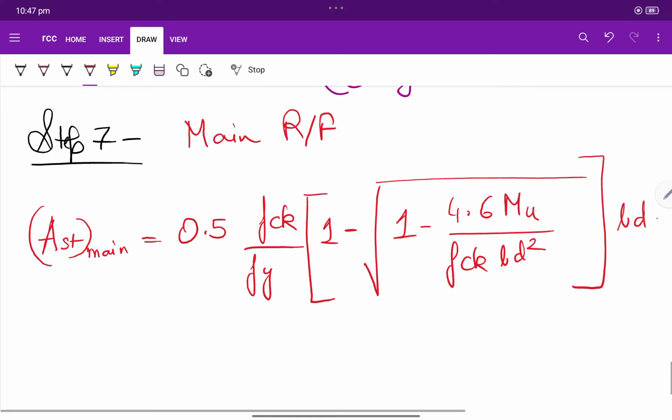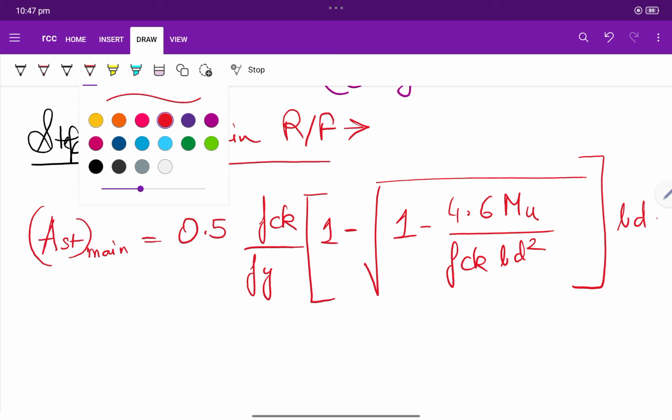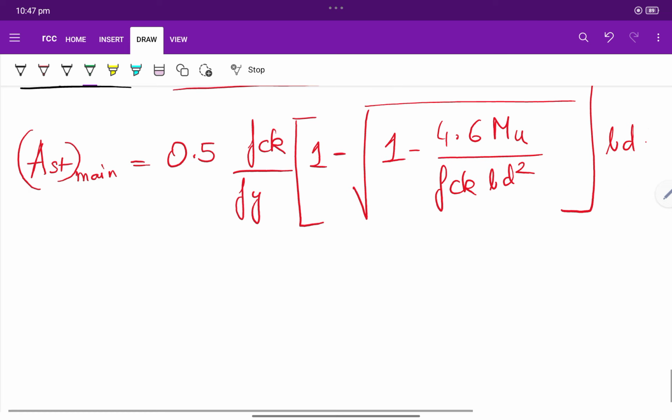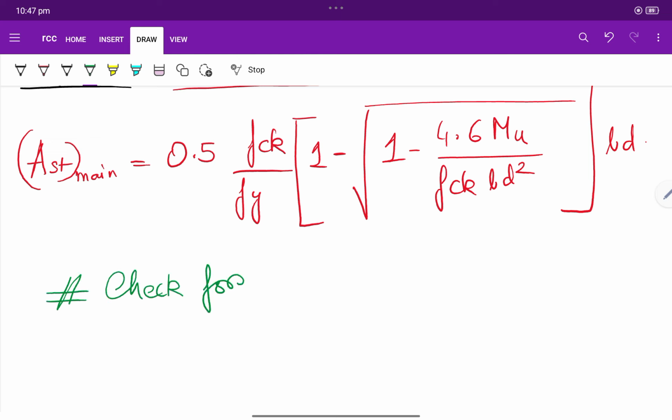Okay, so this is a universal formula to get the area of steel, but after getting the area of steel from here, we also have to check the minimum area of reinforcement from IS 456.